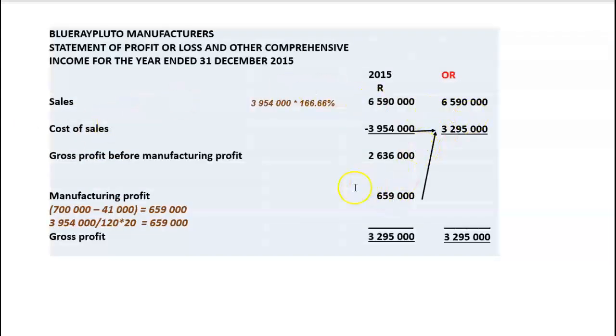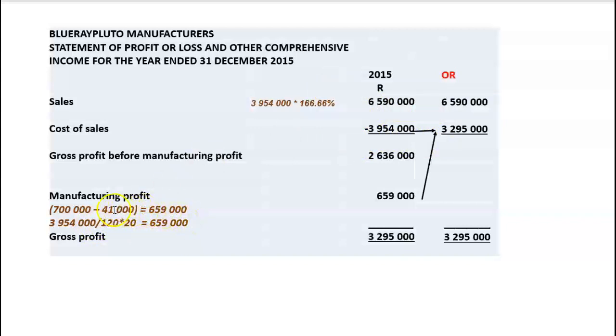Good. So there's the 659. I could have arrived at the 659 in various ways. I could have said, well, 3,954,000, included in that figure is 20% unrealized profit. So multiplied by 20 divided by 120, that gives us 659,000.